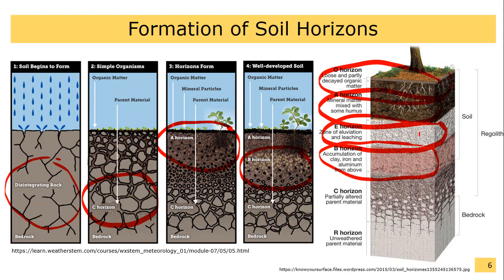B horizon is also called the subsoil and contains clay and mineral deposits like iron and aluminum oxides and calcium carbonate that it receives from layers above it when mineralized water drips from the soil above.